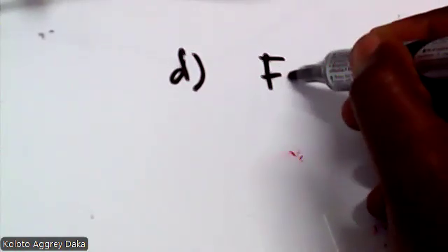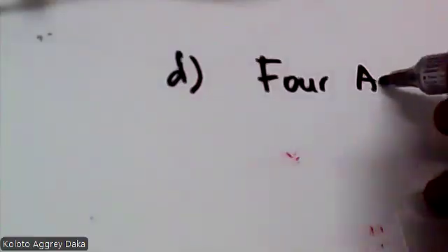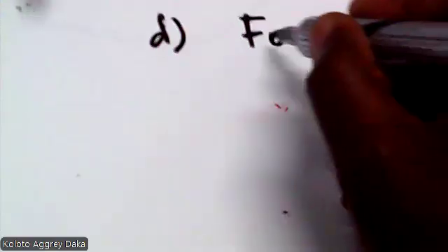What is part D saying? Part D says state 4 advantages of freewheeling diodes in a controlled rectifier. 4 advantages.